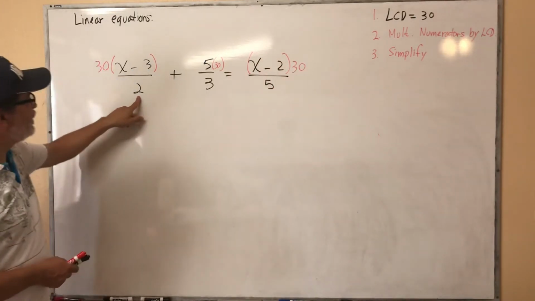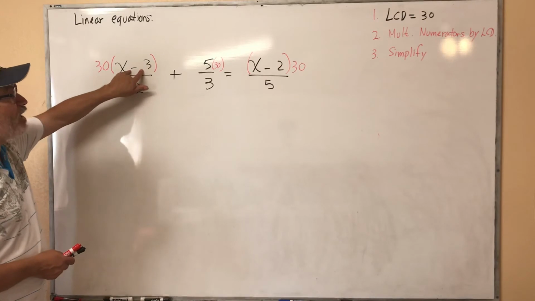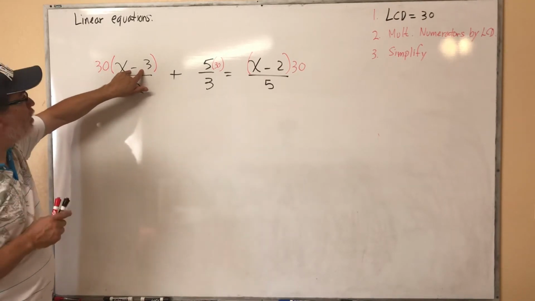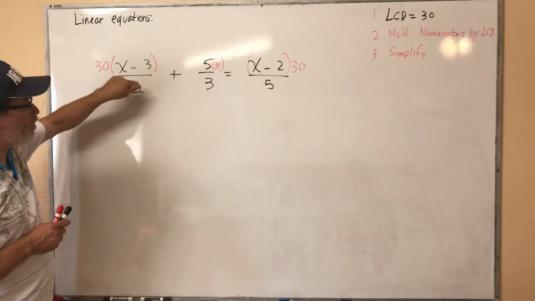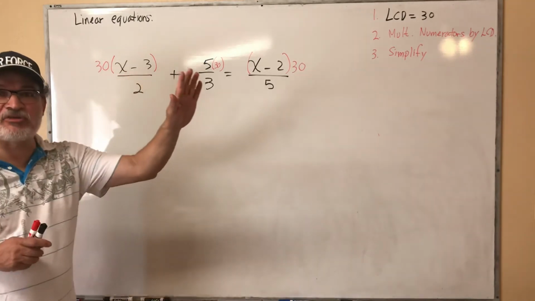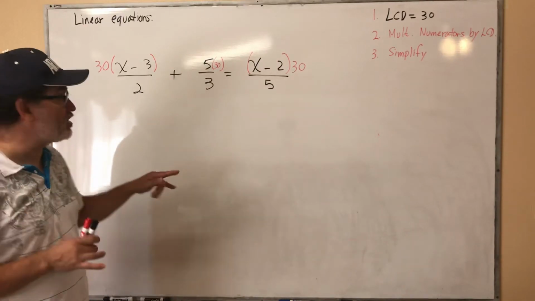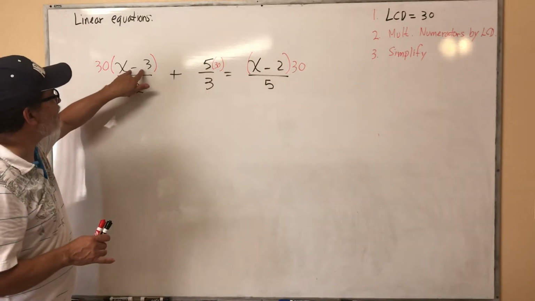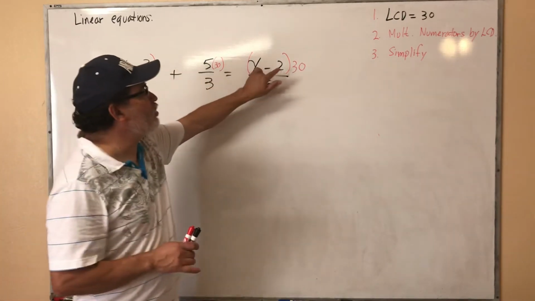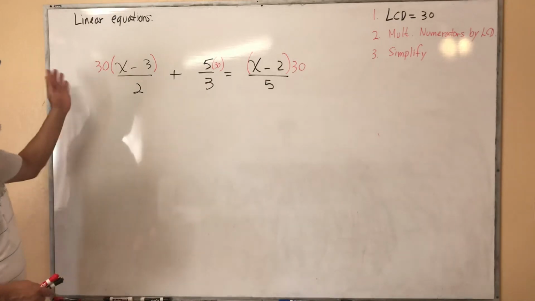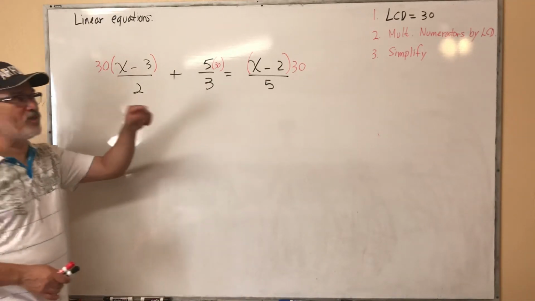Ignore parentheses when you multiply every numerator by the LCD, until things are simplified. So watch this. I'm going to ignore the x minus 3 and the x minus 2 until I simplify this equation. So number 3, simplify.